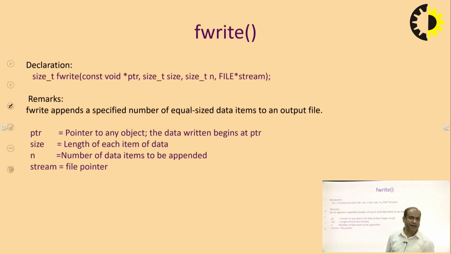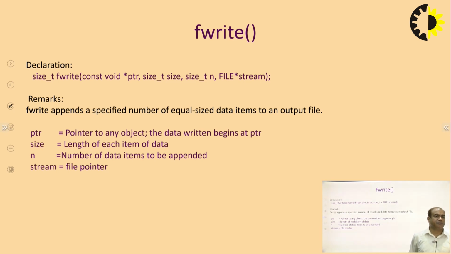Next is the fwrite function. The fwrite function will append a specified number of equal size data items to the output file. So the syntax is size_t fwrite. Here the arguments will be const void star ptr, size of type size_t, n, and the file stream, FILE star stream.